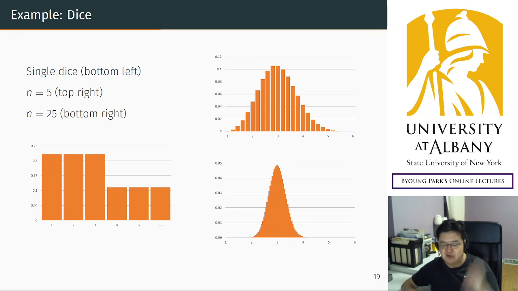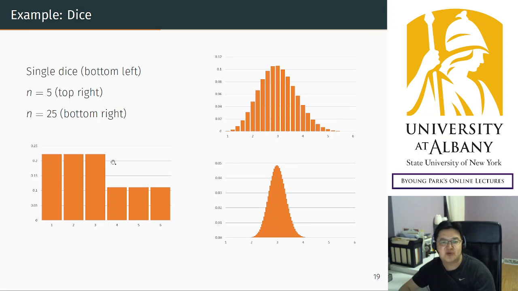Hard to imagine how it looks, but I can simulate that. What's interesting here is when you throw 5 of them, you will get this distribution. You can think of it as throwing such dice on a computer.